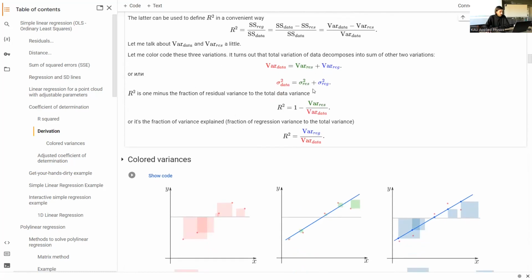And maybe the most interesting part is this one. Performing all that calculation, you can show that the variation in data is always equal to the variation of the regression plus the variation of residues.